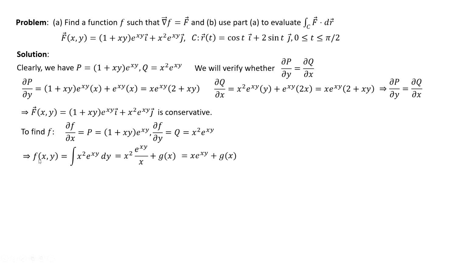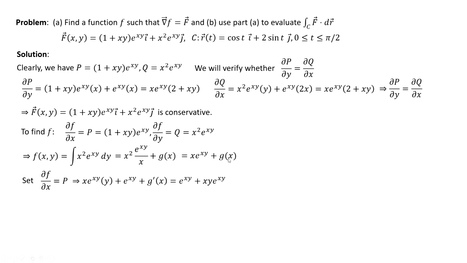That is, because we figured out f by integrating Q, now in the next step, let's involve P. How do we involve P? By setting partial f with respect to x equal to P. So let's do that. Let's take the derivative of this partially with respect to x. And that's what we get.